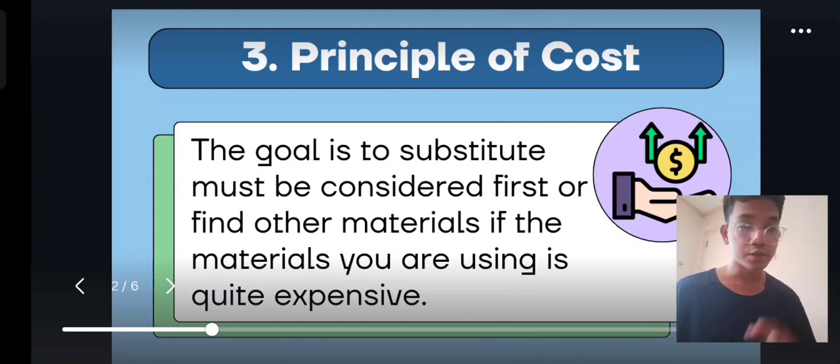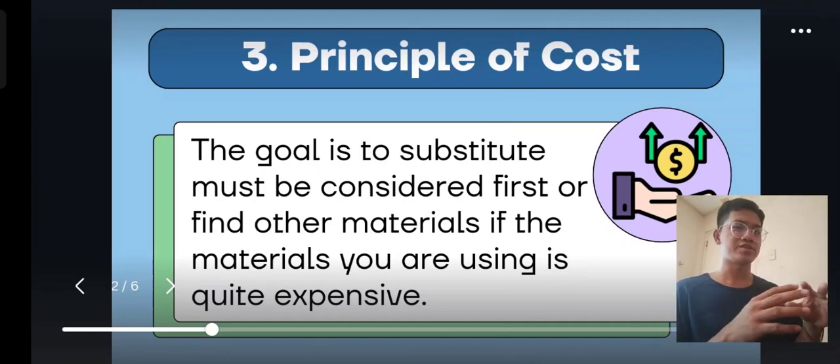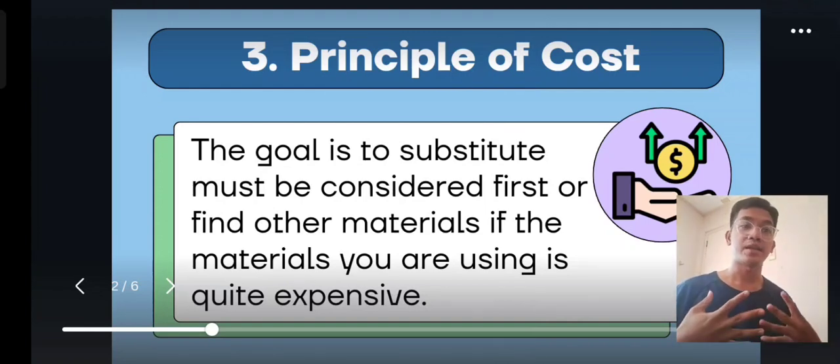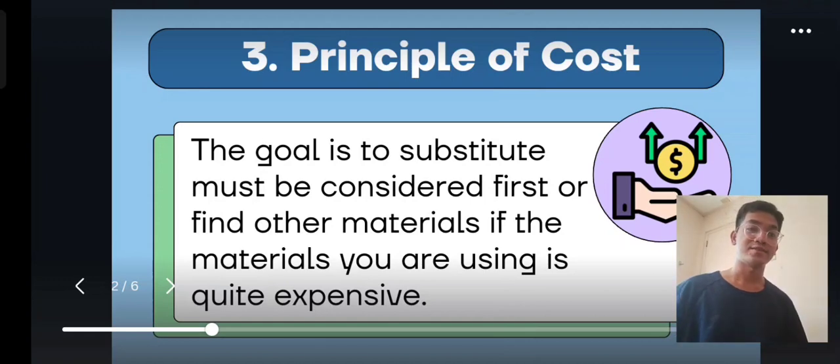Take notice of this: if you are selecting instructional materials, make sure that you choose those not expensive, or should I say, those with a cheaper price, kasi it is very important to us kasi hindi naman lahat tayo, alam niyo yun, para-parehas ng estado sa buhay.